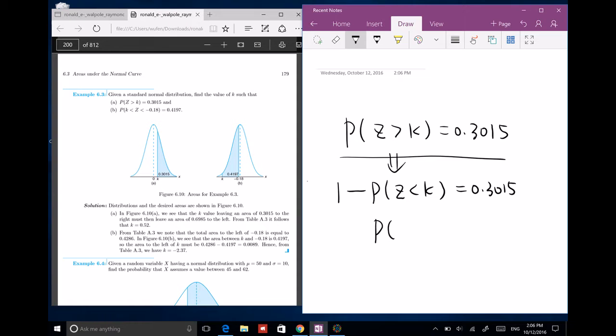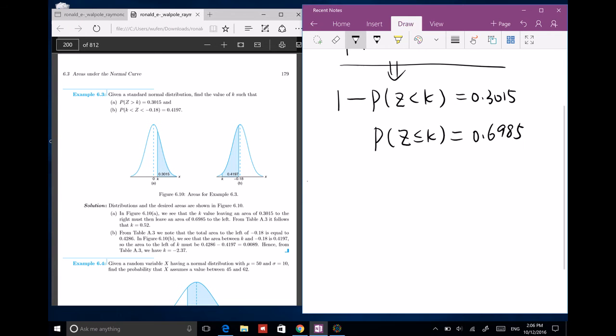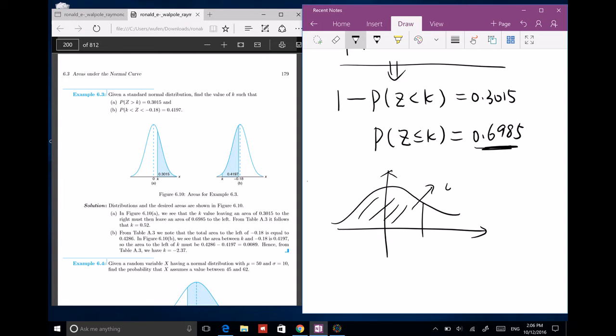And you can solve: the probability of z less than or equal to k equals 0.6985. And then from the distribution table, you find the number corresponding to 0.6985. The area is given, so you find what the z-score is here. You can work backwards to find the z-score.